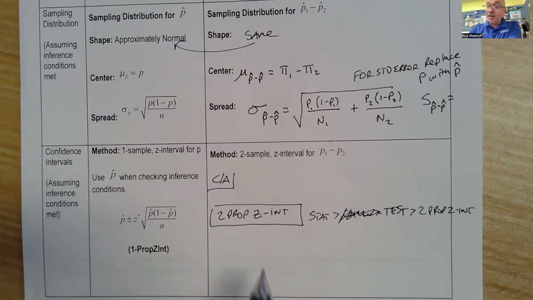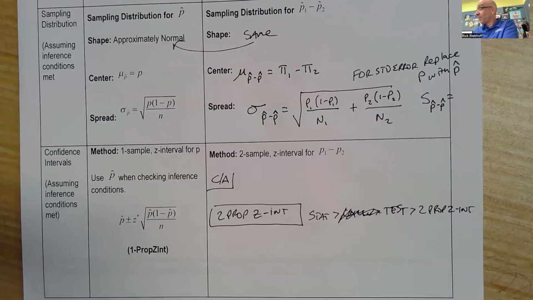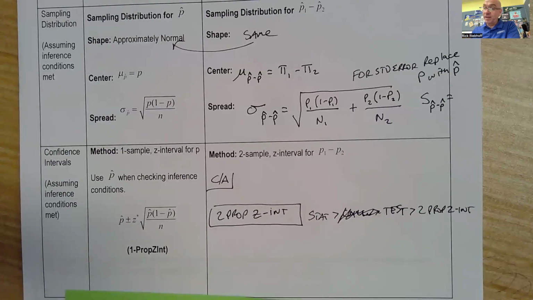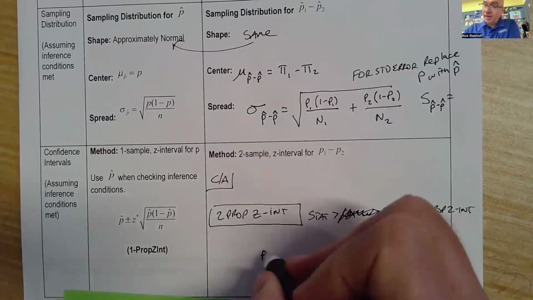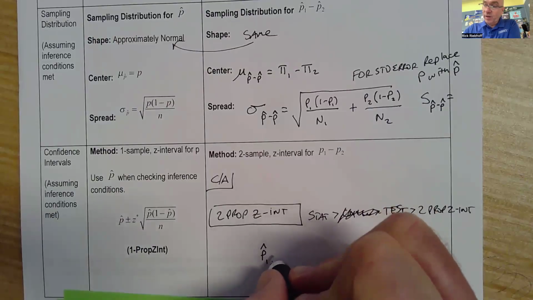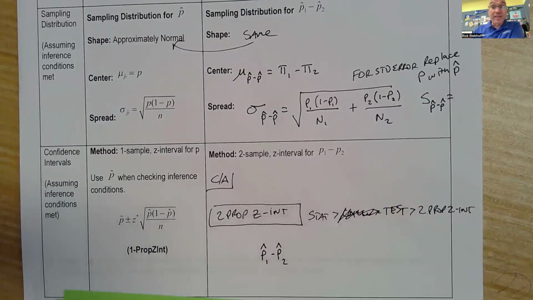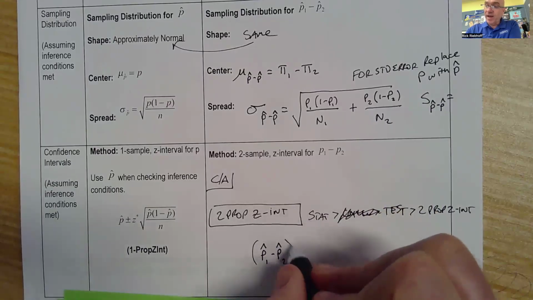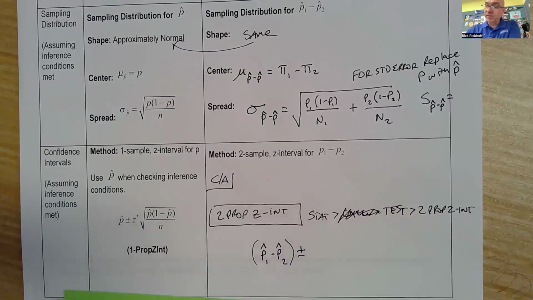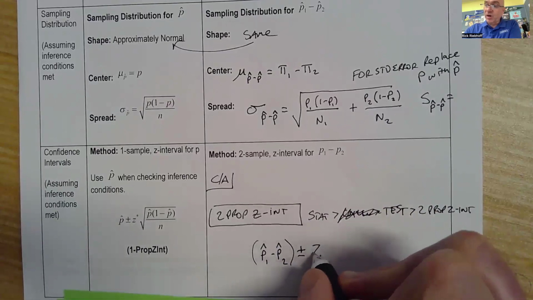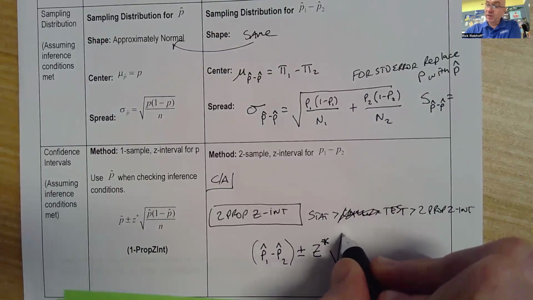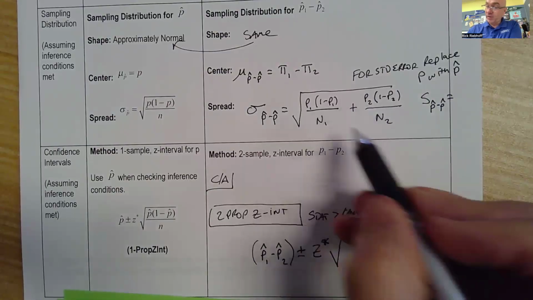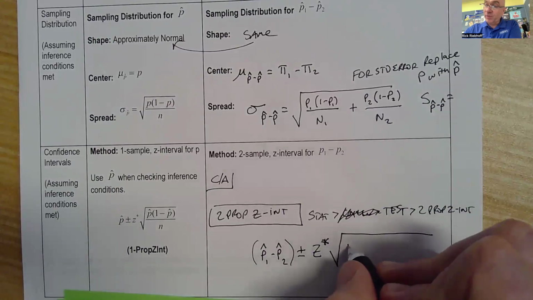The interval formula is going to use the difference between the two proportions, P hat 1 minus P hat 2. That is our estimate of the difference. Plus or minus our Z star times our standard error or standard deviation up here, whichever one we have.